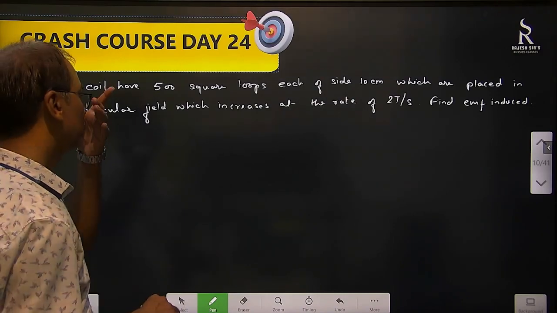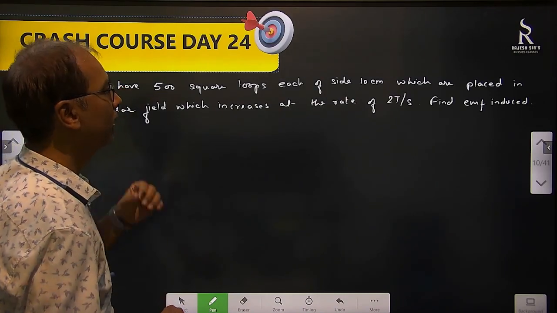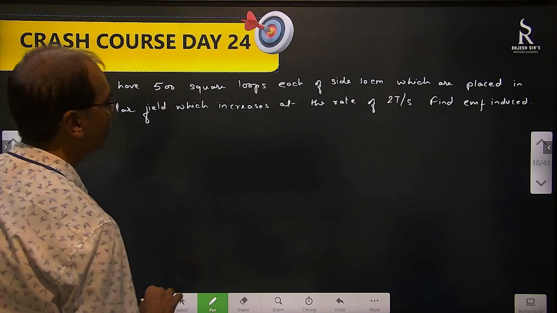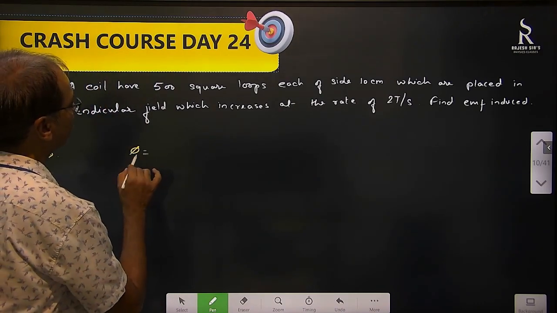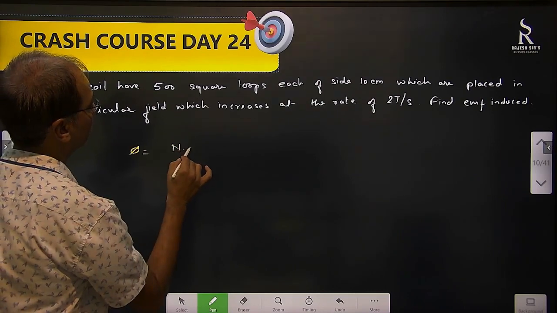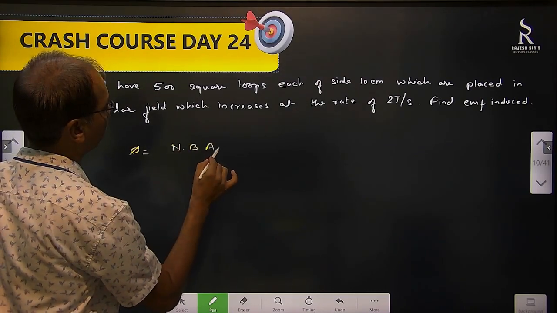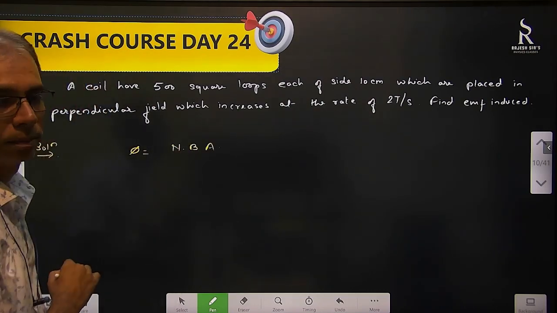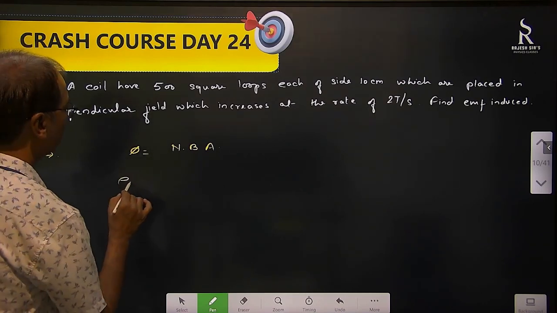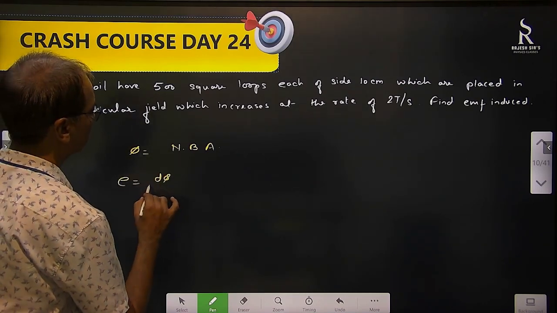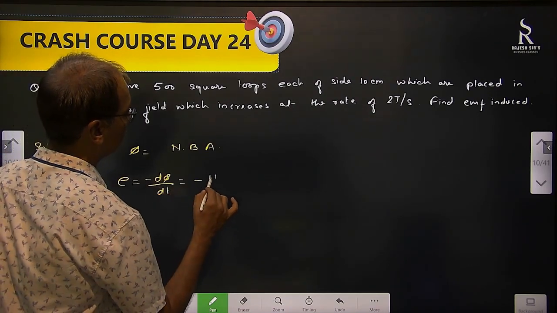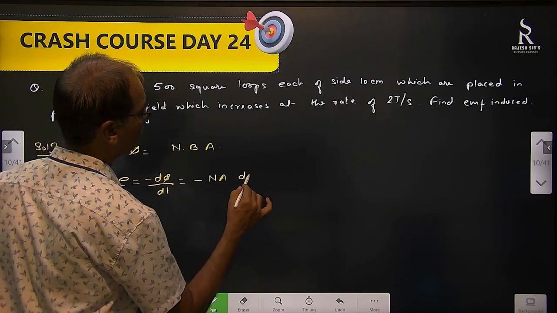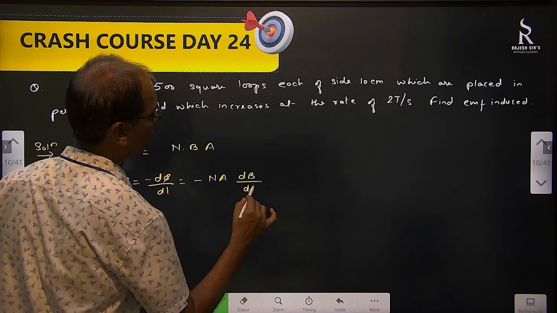The side is 10 and the magnetic field is changing. So we will say that flux is basically N B A, and EMF will be minus d phi by dt. So minus N into A into dB by dt, because here area is not changing, the magnetic field is.